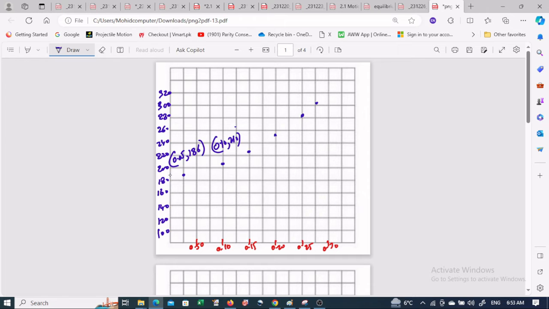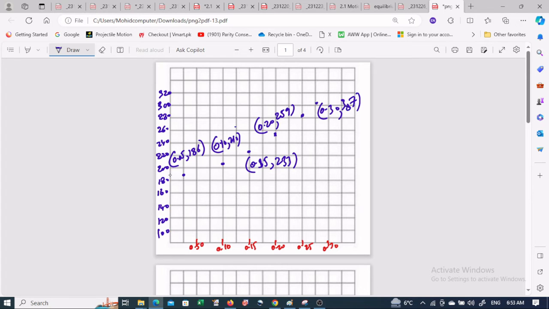Similarly, we have different points: 0.15 on the x-axis and on the y-axis the value is 233. Similarly, 0.20 on the x-axis and the y-axis has a value of 259. And our last point is 0.30, with a value of 307.